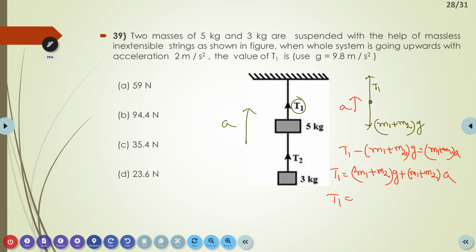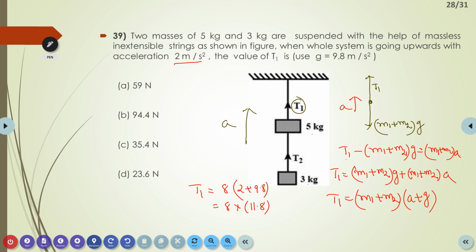The common factor here is m1 plus m2, so T1 equals (m1 plus m2) into (a plus g). Substitute: m1 is 5 kg, this is 8 kg. 8 into bracket, the acceleration is 2 plus 9.8, equal to 8 into 11.8.